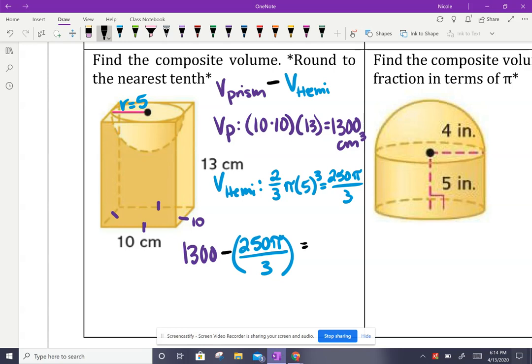Minus parentheses 250 pi divided by 3. And we get 1038.2 after rounding to the nearest tenth, centimeters cubed.